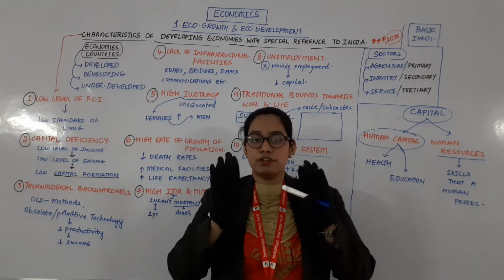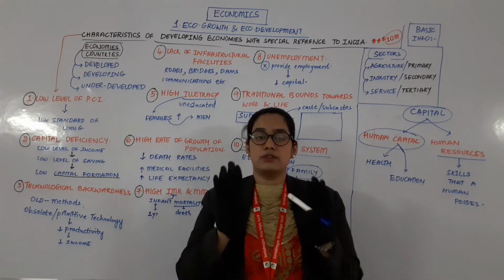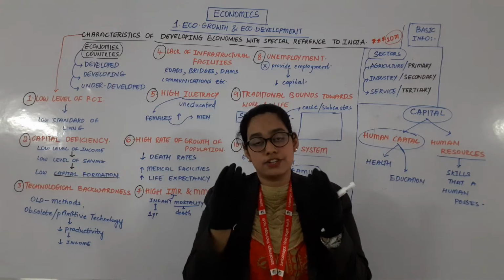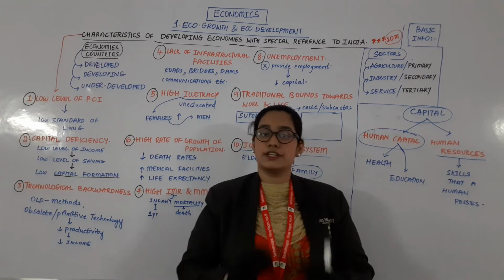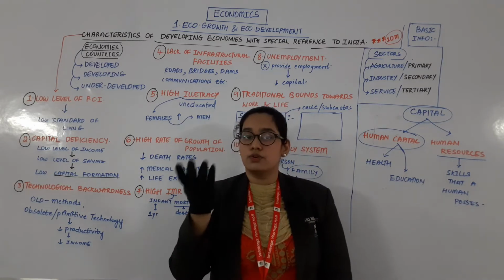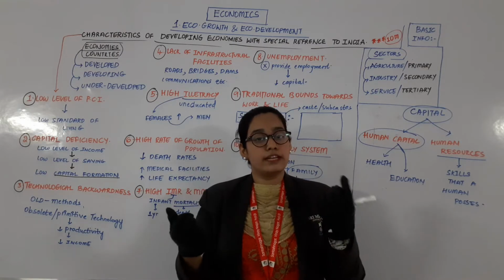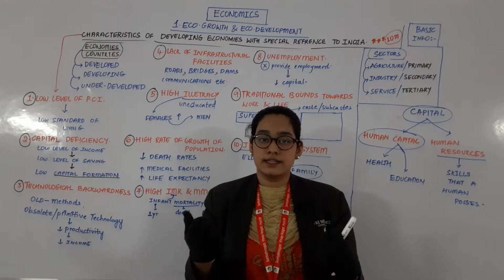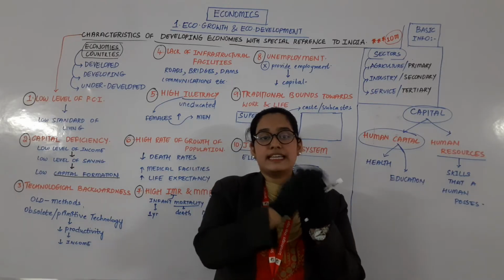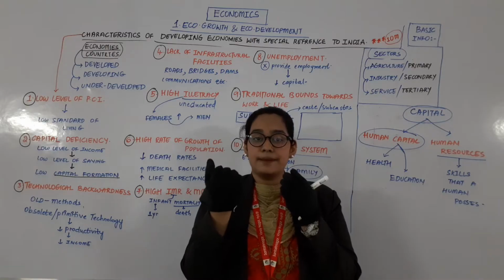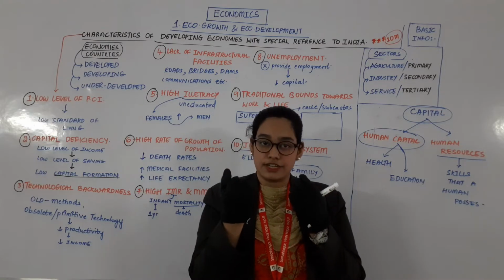Now based on the following situations, can you tell me which country is a developed country and which is a developing country? No proper roads, no electricity, water for only 2 hours, versus proper roads, water for 24 hours. Country B is a developed country, whereas country A is a developing country.